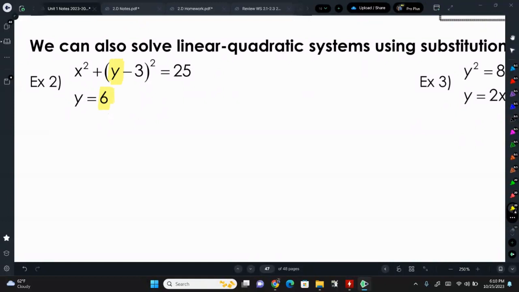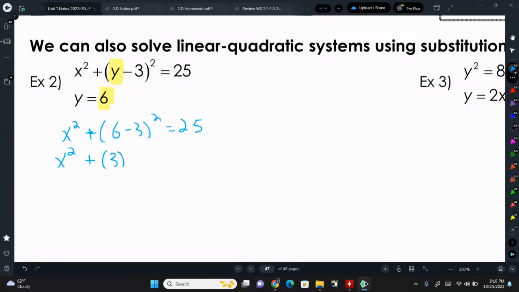What's nice about this one is that y equals 6. There's no x involved anywhere. So we can just substitute y is 6, so we have x squared plus 6 minus 3 squared equals 25.